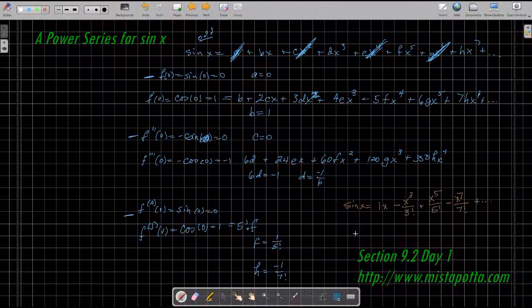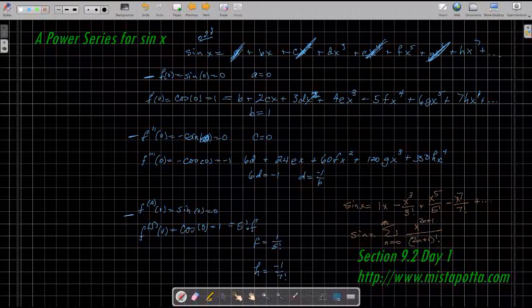So I could really say that sine of x has to be the sum from n equals 0 to infinity of odd powers over odd factorial. So x to the 2n plus 1 power over 2n plus 1 factorial.